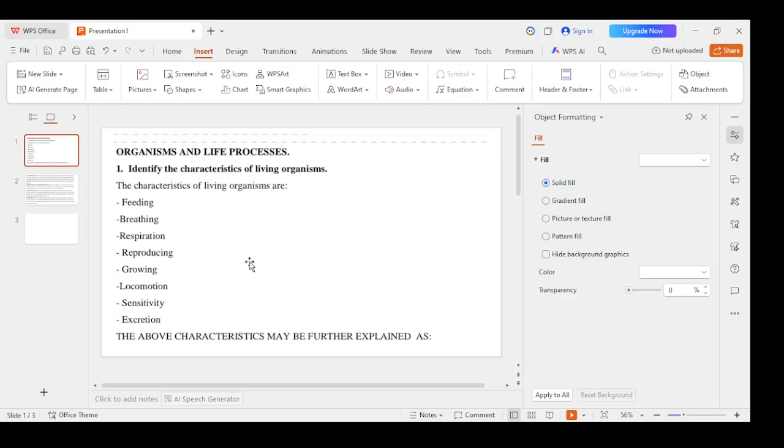It's because of these features that you are able to easily identify, okay, this is a living thing, this is a non-living thing. For example, as a girl child, you have some features that you portray, and it's because of those features that it is easy for someone to look at you and conclude, this is a girl.